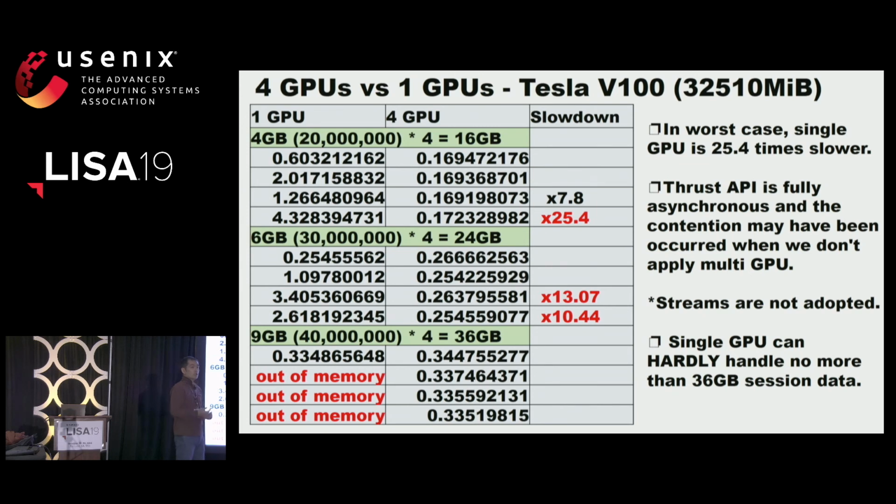Because the Thrust API is fully asynchronous, maybe some kind of lock contention may have occurred inside the GPU device. Surely you can improve it by using streams in CUDA, but in any case, a single GPU can hardly handle more than 36 gigabytes of session data.